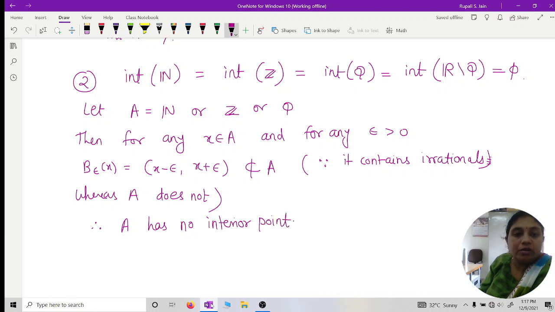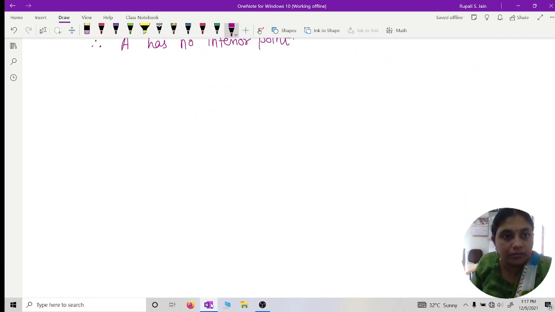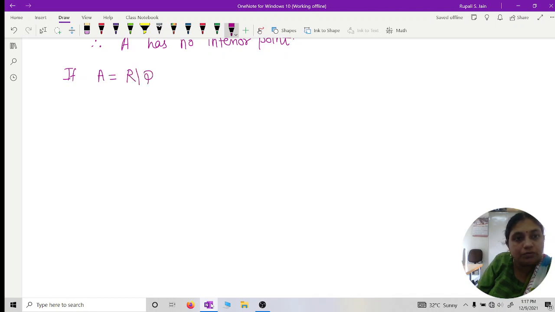What about Q complement? Q complement means R minus Q. If A is equal to R minus Q, what can I say?